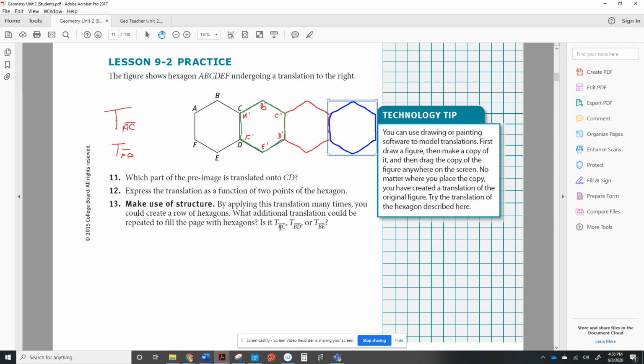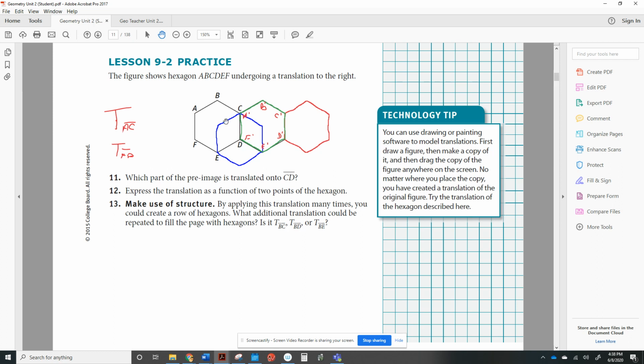So they want to know, will the translation from B to C create this? Well, let's move this one back over here because we know what the row looks like. So if we translate this down from B to C, now I'm all confused.